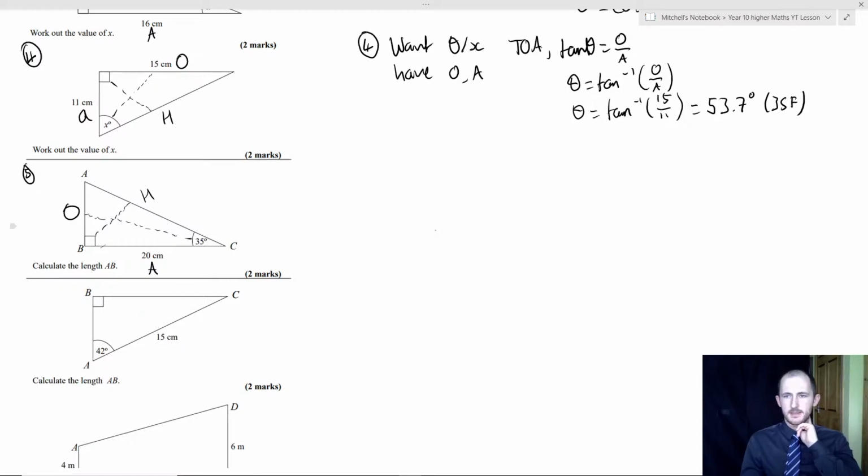Now again, we have an angle and we have adjacent, and we want, what does it say we want? The length AB, which is the opposite side. Okay, so if we're looking at O and A in this case, let's go back up to our triangles.